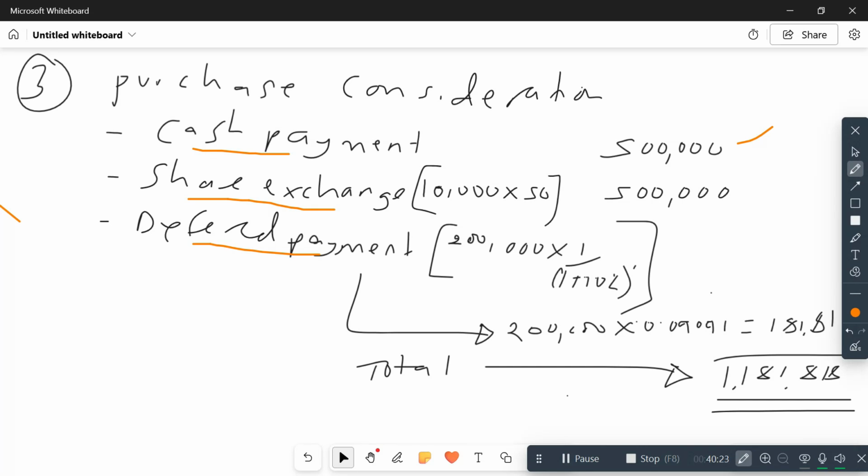Here I'm trying to discount using 10%, the rate given. Discount by getting the future value times the discount factor. And our discount factor, when I use this formula, comes to 0.9091. Total coming up to this. So when you add our three figures for cash payment, share exchange, and deferred payment, you will be able to get this as your purchase consideration.